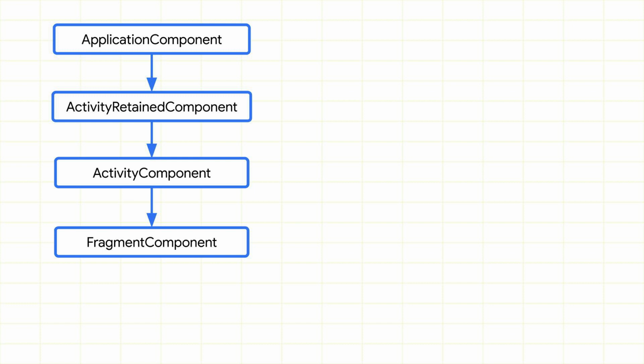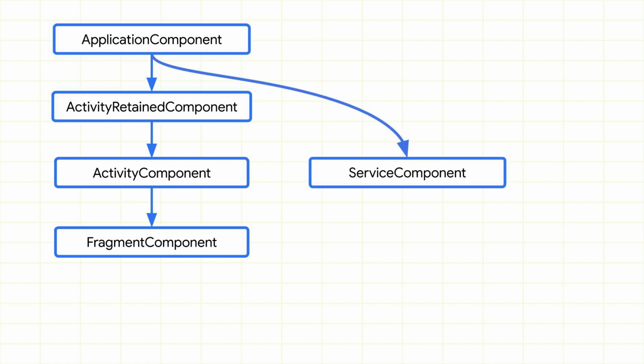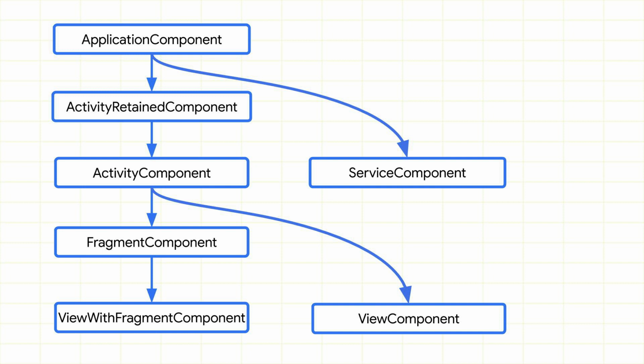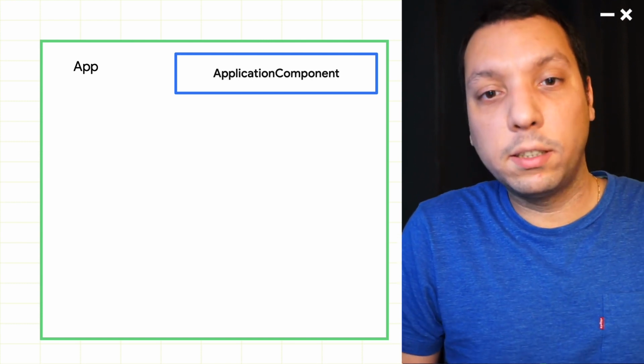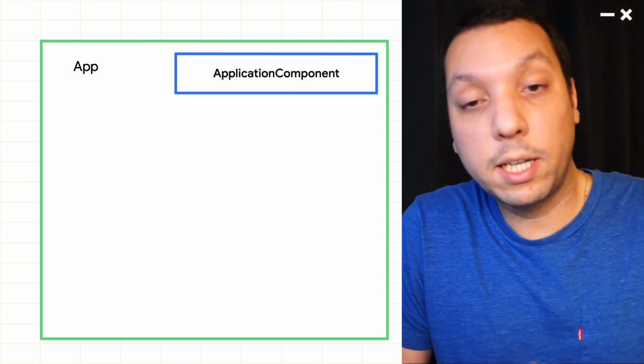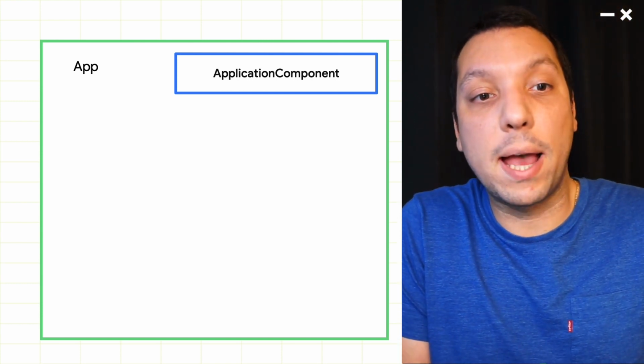And what this really means is that the data module that we had with our database, if we had installed that in an ActivityComponent, activities and fragments could get injected with that database dependency, but not the ApplicationComponent. Hilt offers components for services too, and we also have view components, one with fragments and without fragments.